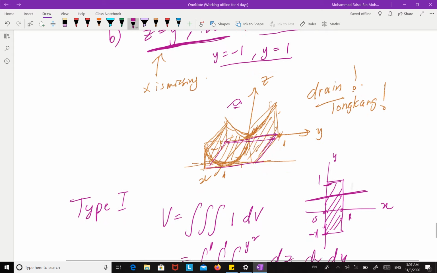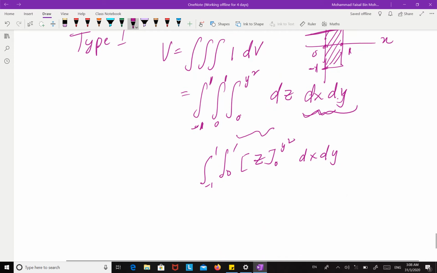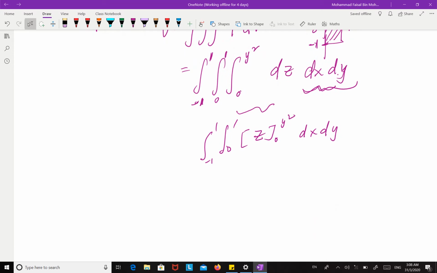Okay, then this is y squared, and then you integrate with respect to x, you will get x from 0 to 1, so it's just y squared.